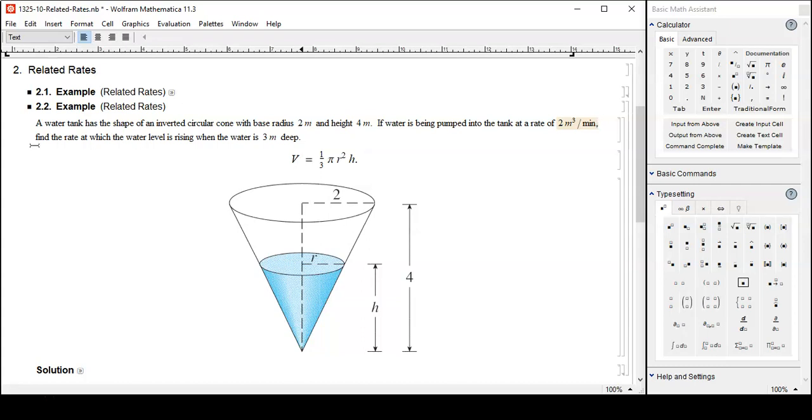And then find the rate at which the water level is rising when water is 3 meters deep. Okay, so what is equal to 3? That one is a bit easier. And final question, what do you want? The rate at which water level is rising. What's the quantity I want?